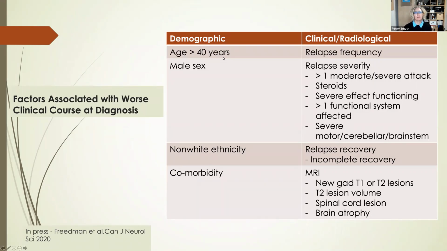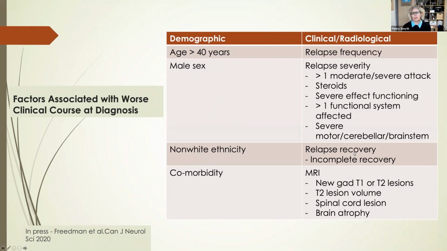These are people that are a little bit older, are male, are of non-white ethnicity, or have comorbidities like hypertension, smoking, things like that. If they have a lot of relapses close to the time after they're diagnosed, that's associated with a worse clinical course, and if they have more severe relapses that require high-dose steroids and affect their functioning.